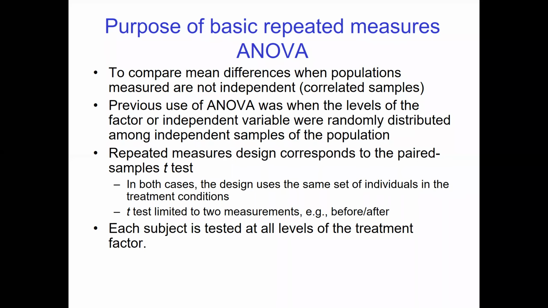And in the basic repeated measures, each subject is tested at all levels of the treatment factor. This is true for the mixed design, but what you have is you have subjects as well who are not dependent or not related to one another.